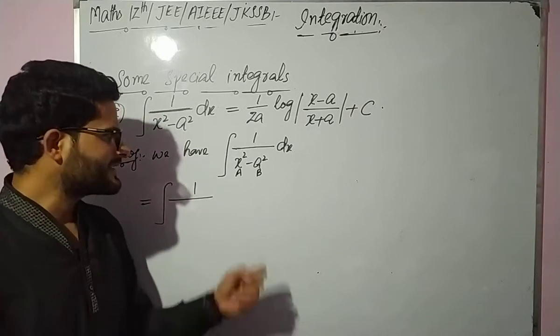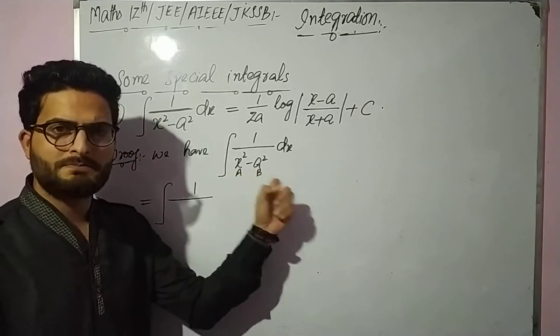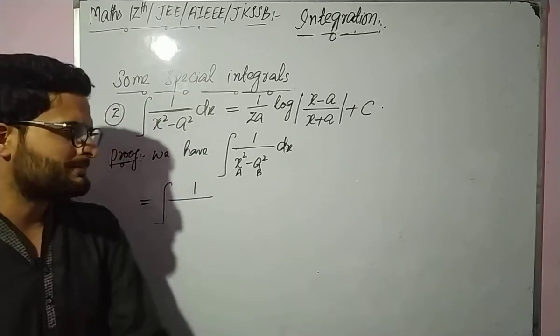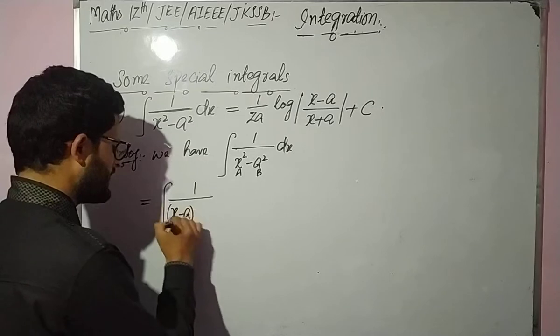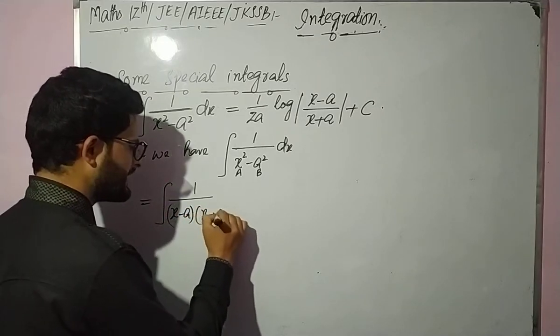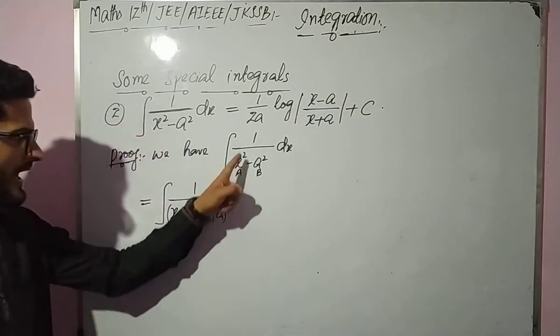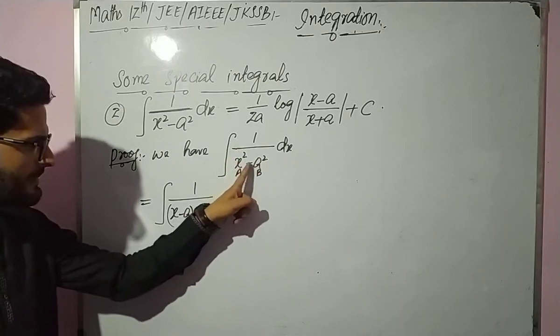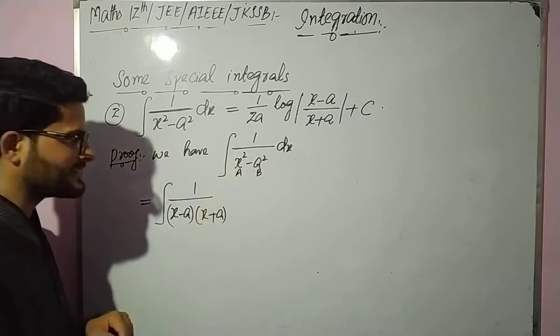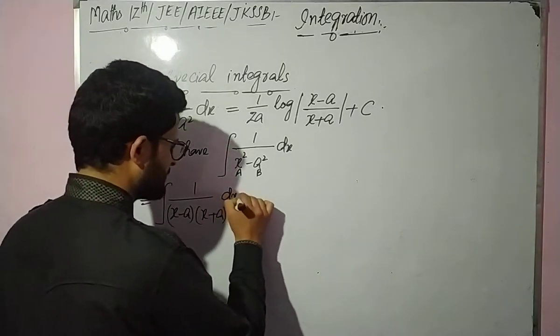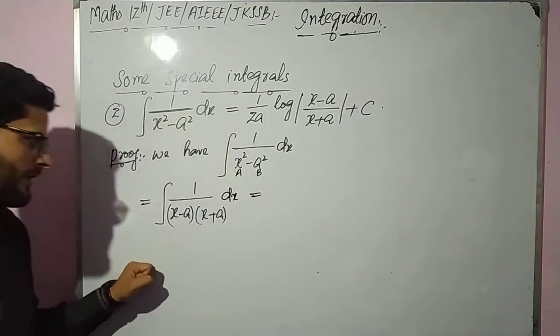We know that its value is a minus b into a plus b, and that is equal to x minus a into x plus a, because a square minus b square is a minus b into a plus b, so x minus a into x plus a into dx.